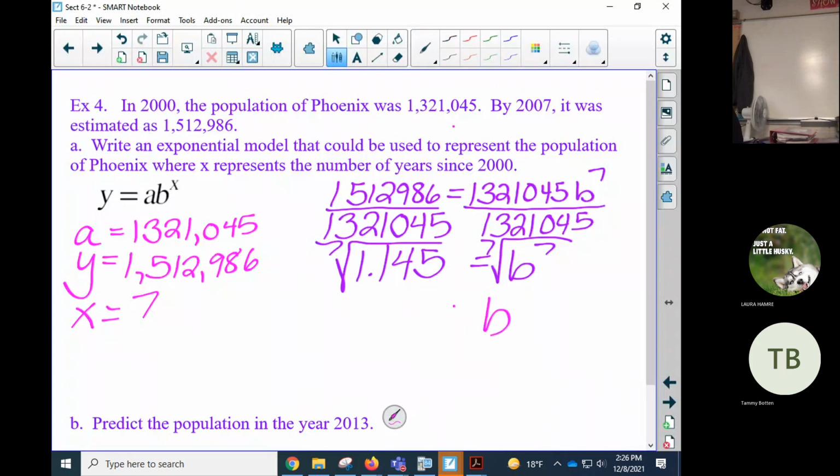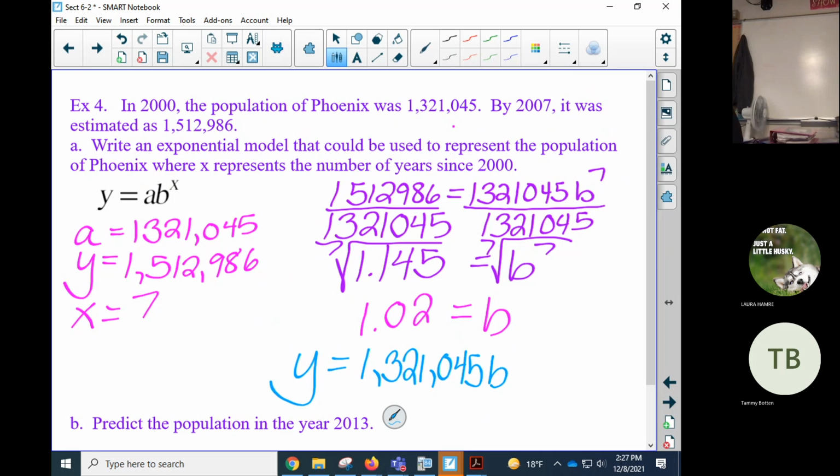So B is 1.02. So our equation would be y equals, what we started with was 1,321,045. And then our B is 1.02. And then our X, we're just going to put an X here. We're not going to do 7 because this is a general equation.